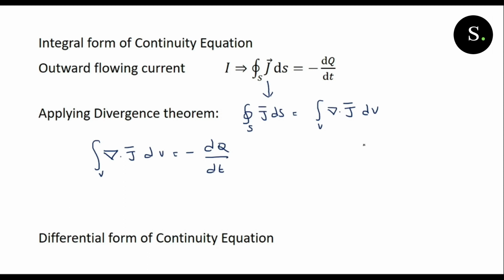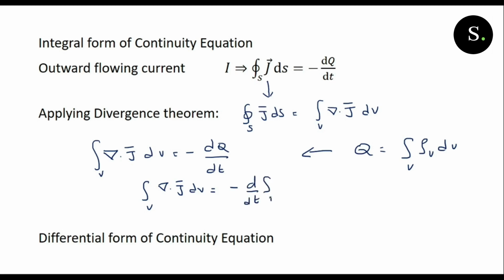Now, we already know that charge is the volume integral of volume charge density. Making this substitution, the divergence of current density would be equal to the negative rate of change of charge density.